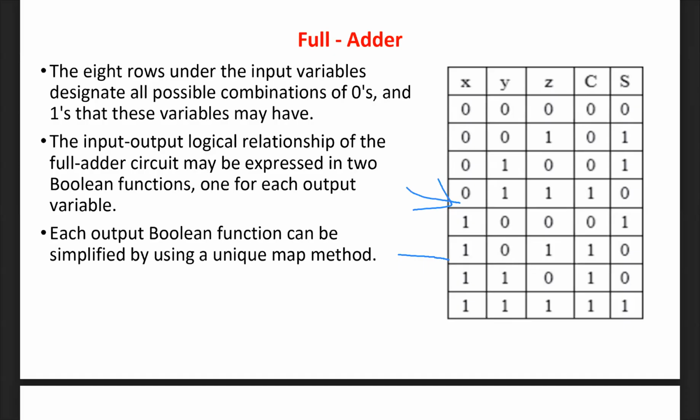Second last, I have 1, 1, 0, so it is 1 plus 1 plus 0, my sum is 0, carry is 1. The last one, 1, 1, 1: 1 plus 1 plus 1, my sum is also 1 and my carry is also 1. Yes, ma'am.